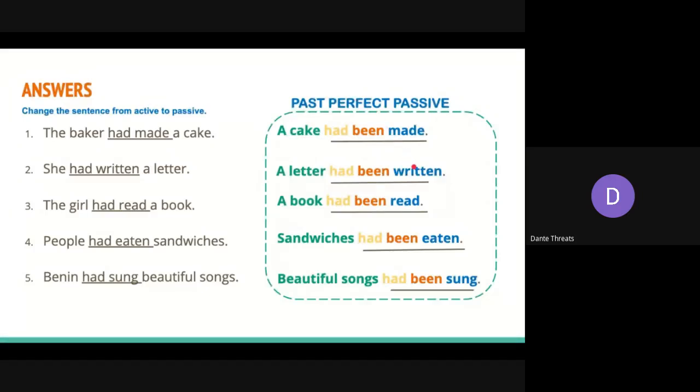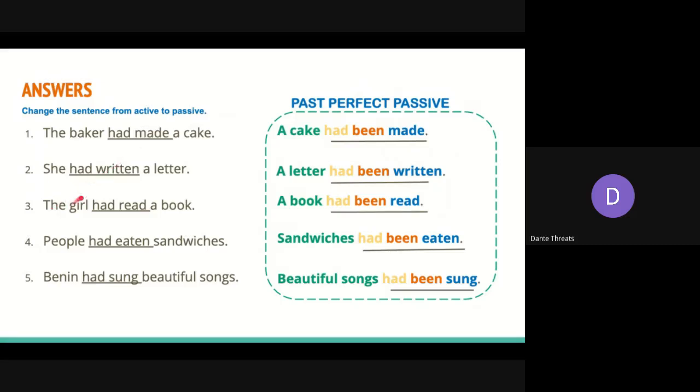Okay? In the past perfect, we keep the participle. The participle doesn't change because it's already used in the sentence, okay?